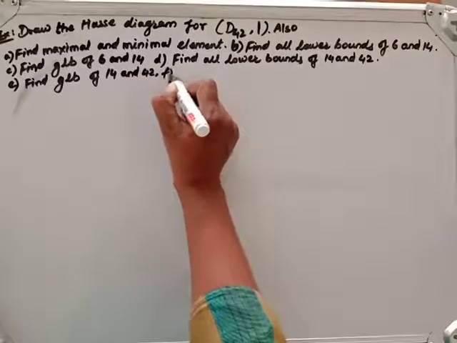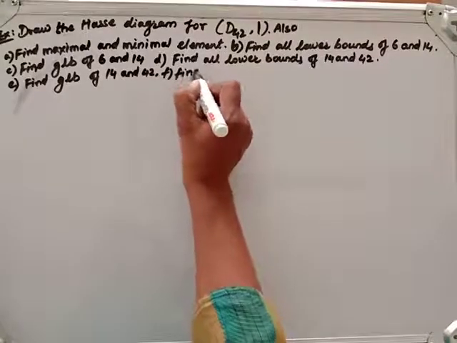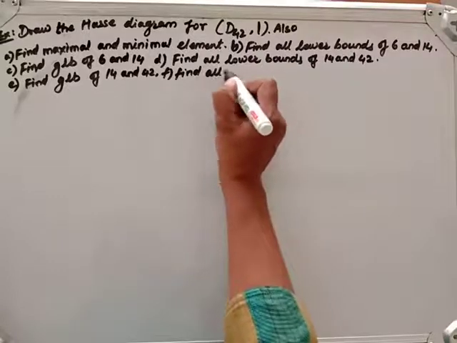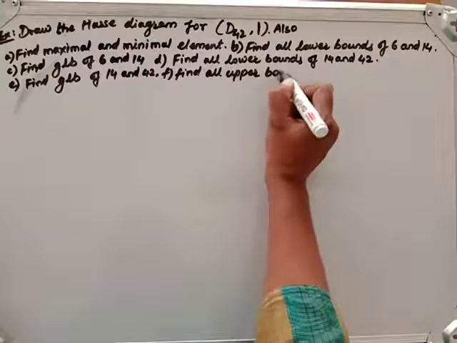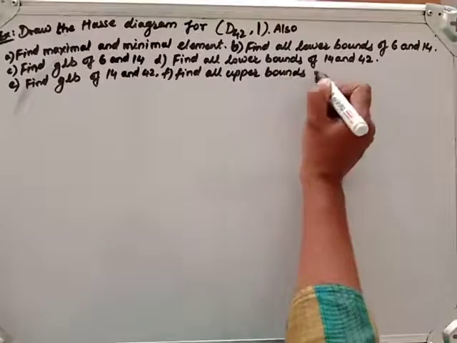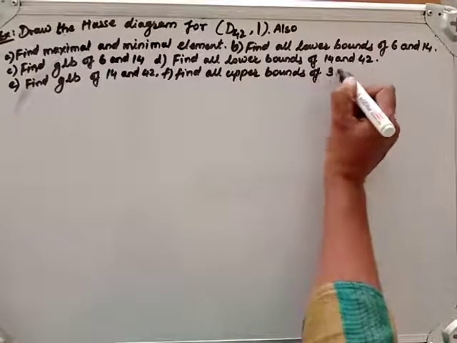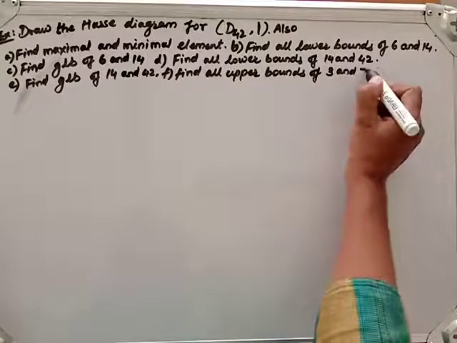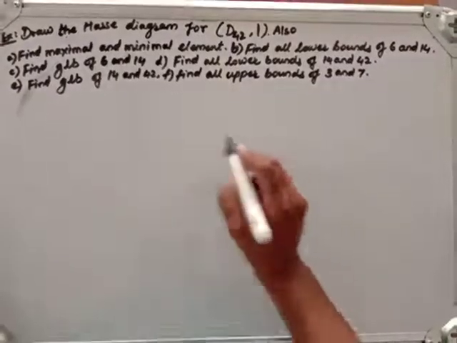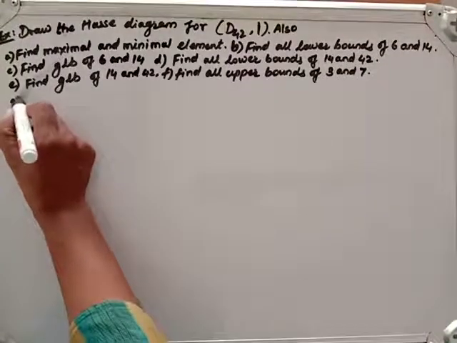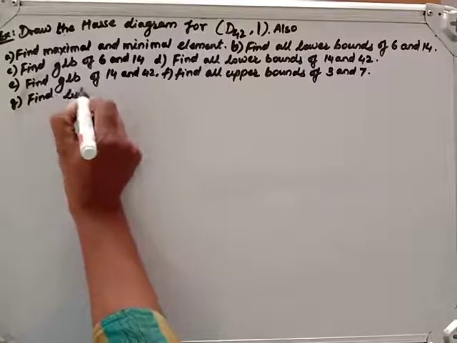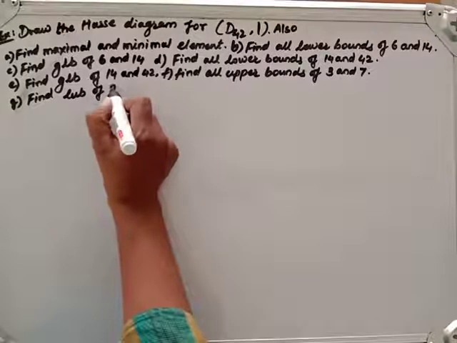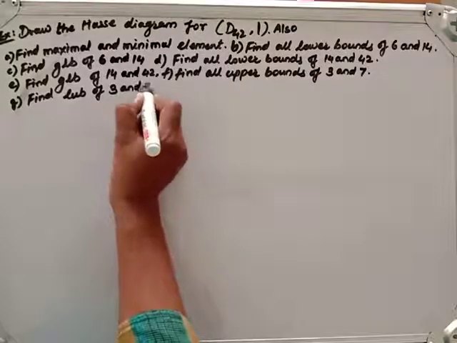Then next, (f): find all upper bounds of 3 and 7. Okay. Now next one, (g): find least upper bound of 3 and 7.